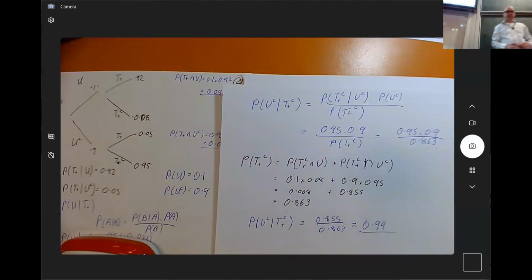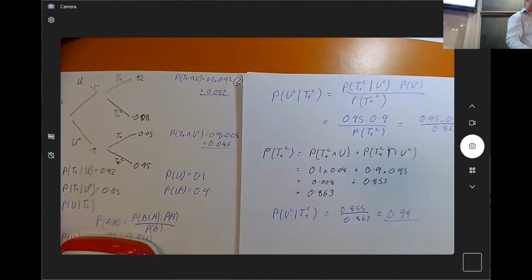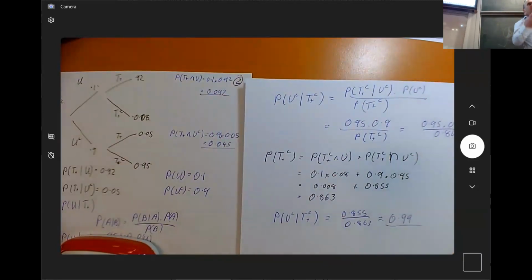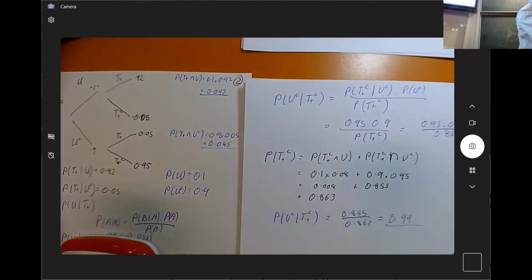So this is saying that if I test negative, it's extremely likely that I'm not using. But if I test positive, there's still approximately a 1 in 3 probability that I'm not using the drug as well.